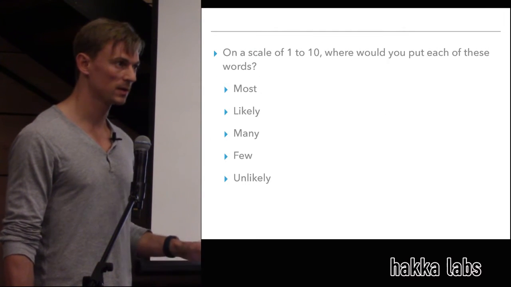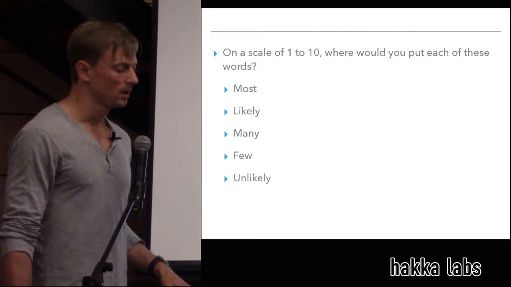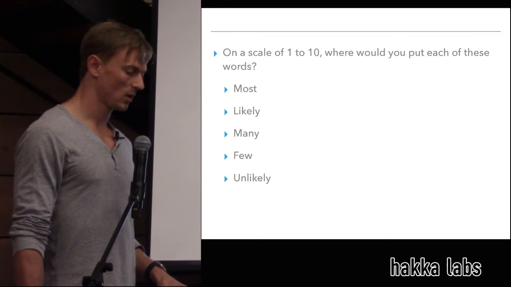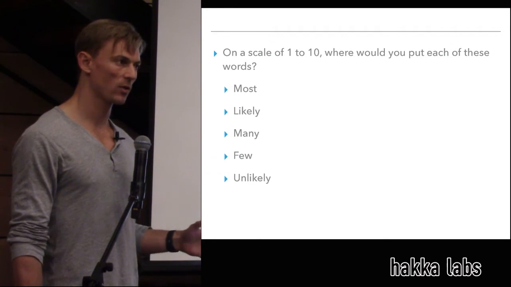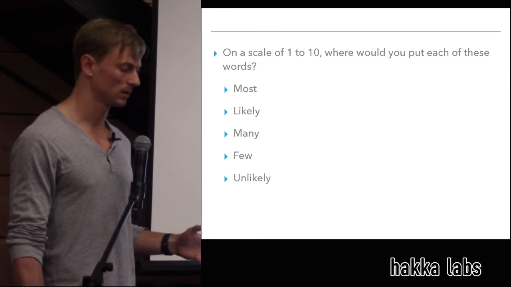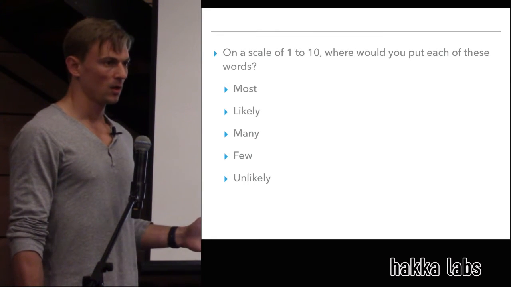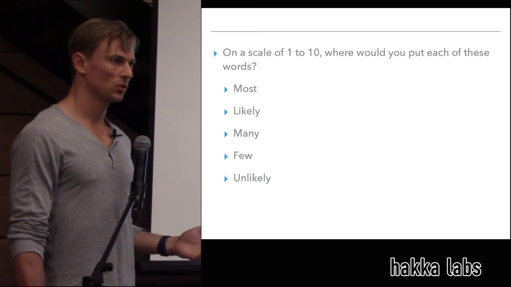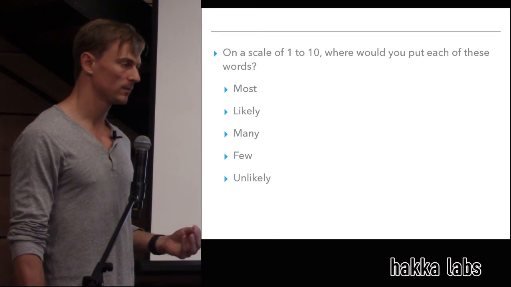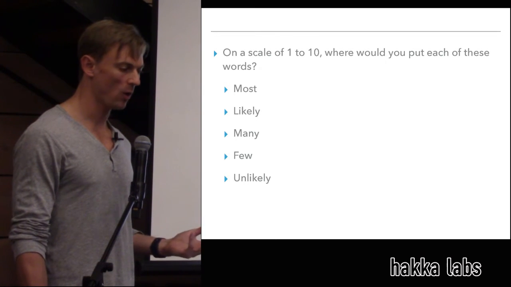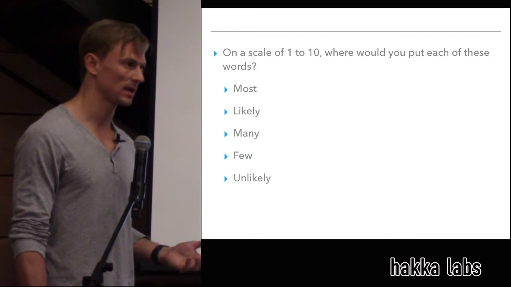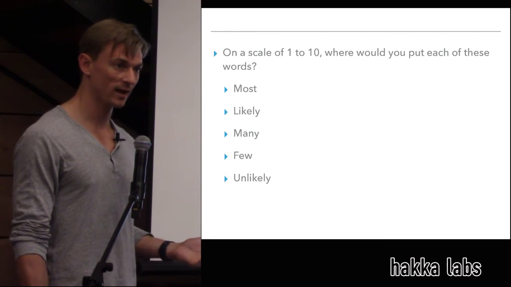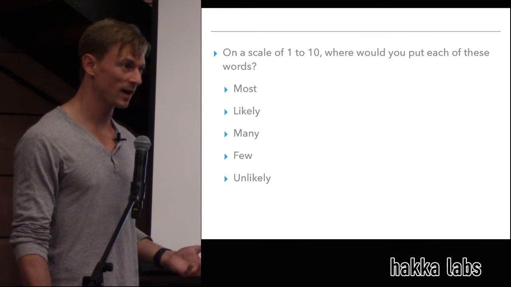Okay, next bias. On a scale of 1 to 10, where would you put each of these words? This is an example of another thing we do all the time without thinking. When somebody asks you, like, how fast was revenue growing last month? You say it was growing fast, really fast, super really fast.